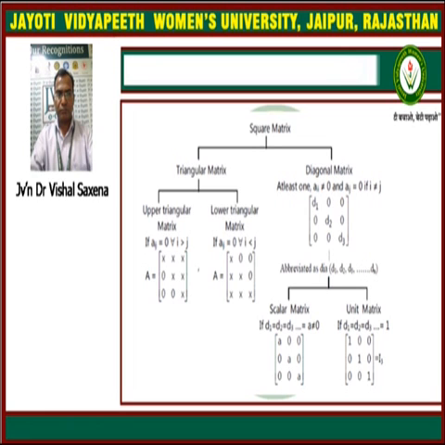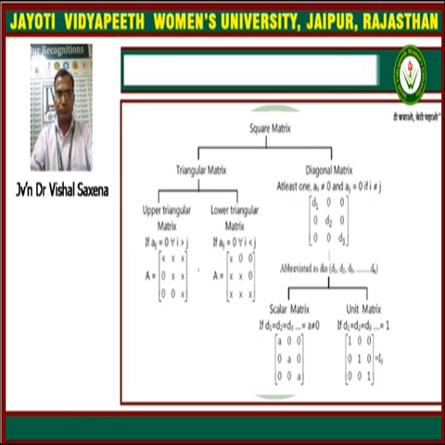Firstly, we are given a square matrix. A square matrix is divided into two parts, a triangular matrix and the diagonal matrix. The triangular matrix is divided into two parts, upper triangular matrix and the lower triangular matrix.